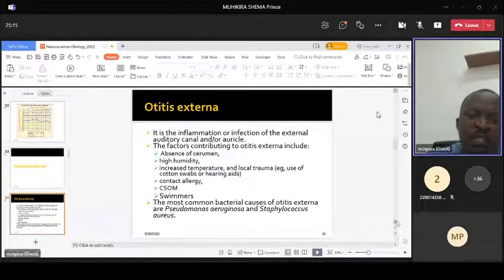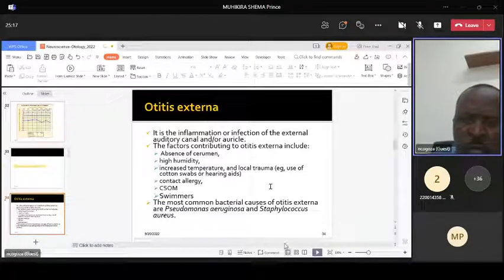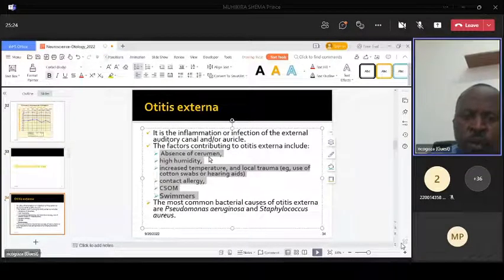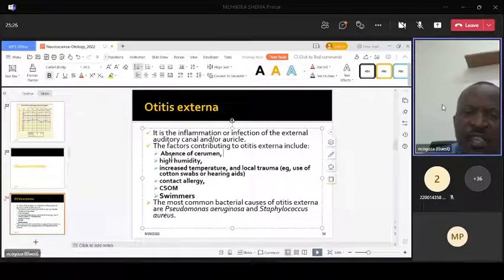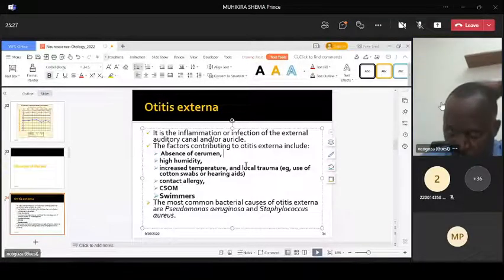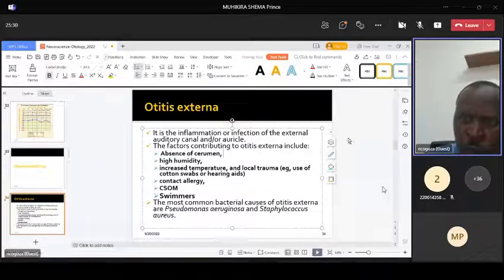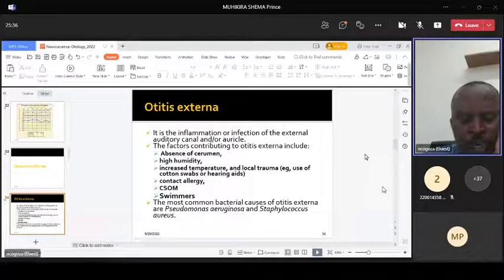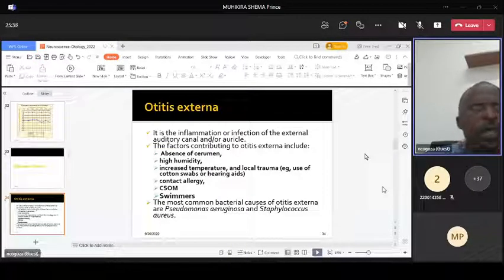And there are factors contributing to otitis externa. Those include the following. Please note, you have to understand the factors influencing the inflammation of the outer ear, the pinna or ear canal.